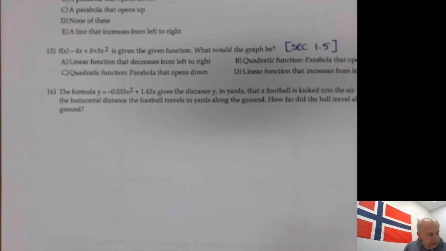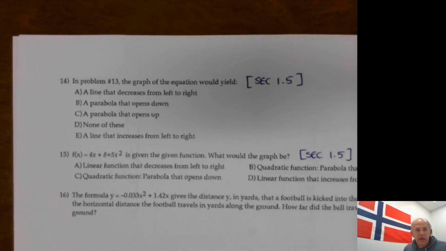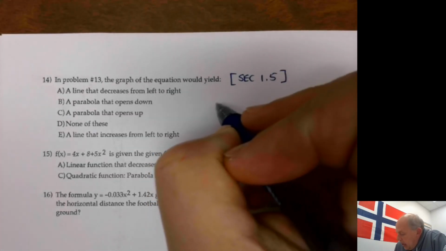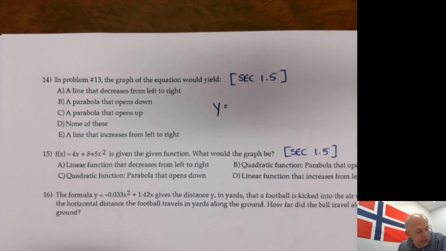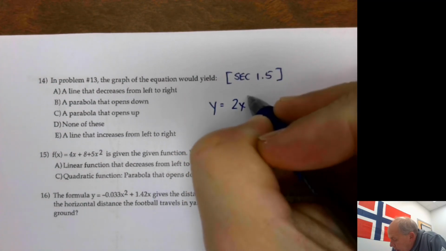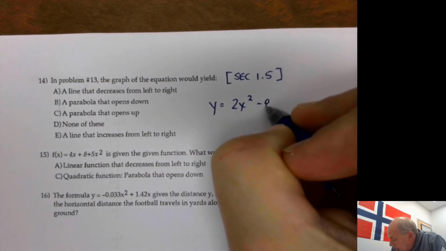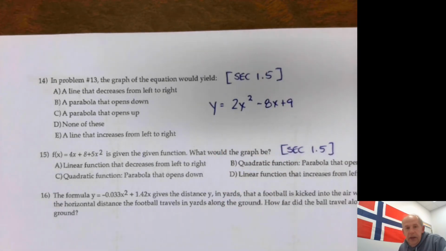Let's take a look at number 14. What I have for number 14 is from section 1.5, and I want to work with the model from the previous problem. 2x squared minus 8x plus 9.